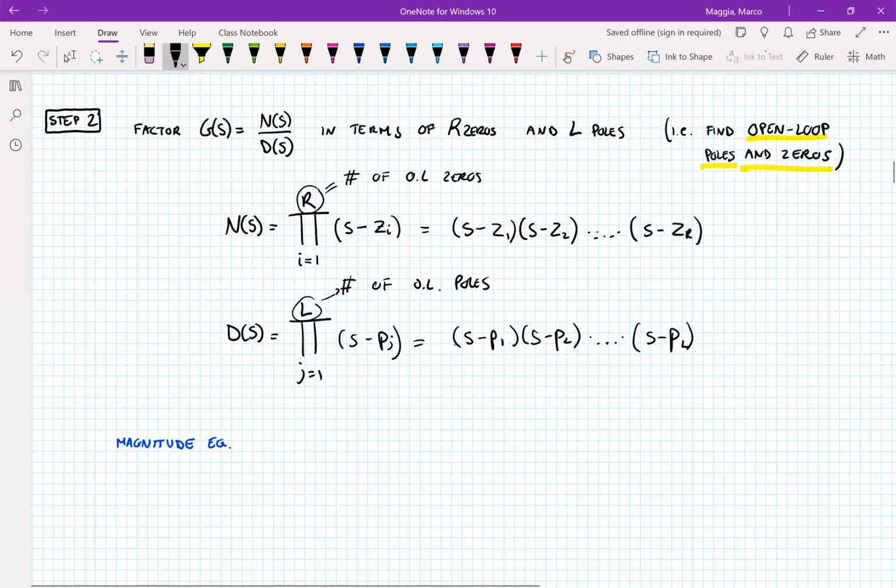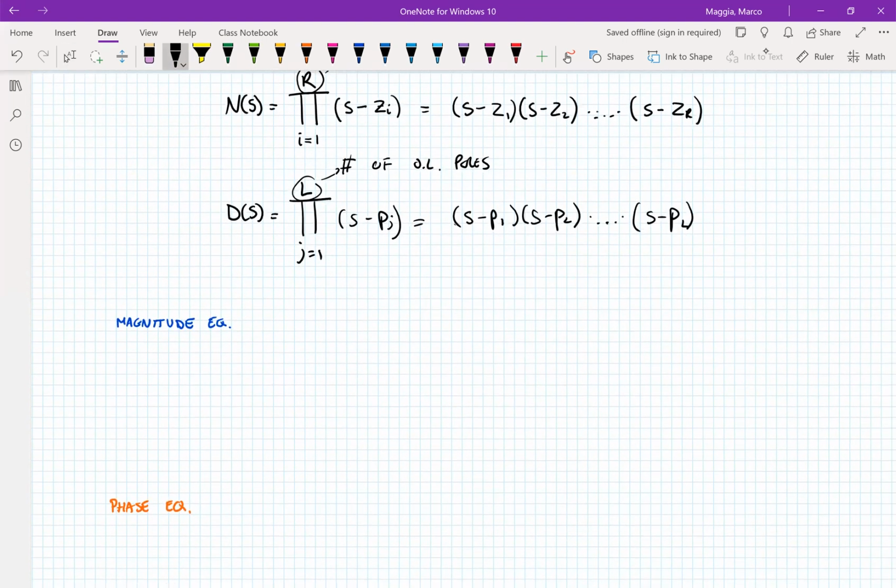In other words, we're going to rewrite K times G of S. It's going to be K times S minus Z1 times S minus Z2 times S minus ZR over S minus P1 times S minus P2 times S minus PL.